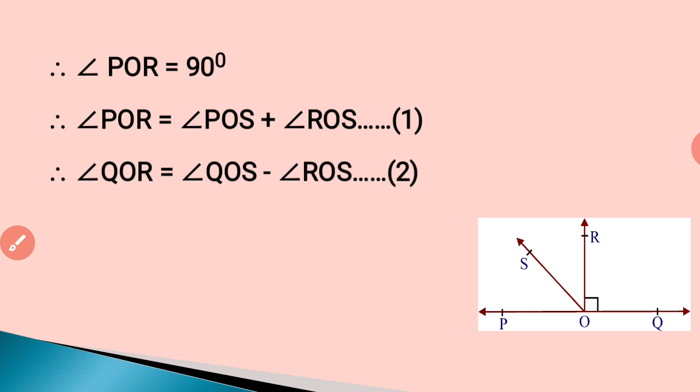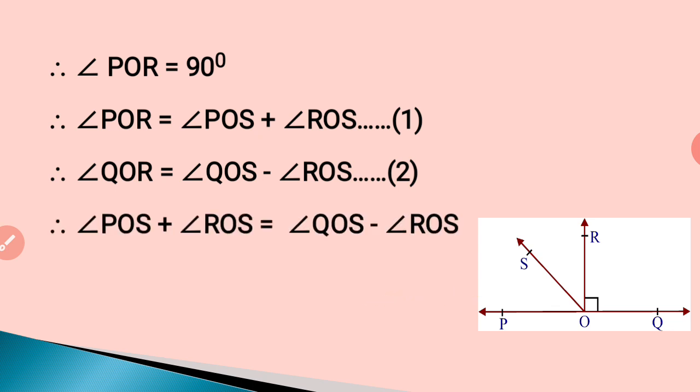Now if I look at statement number 1 and statement number 2, I come to know that the left hand sides are angle POR and QOR and both are equal, that is they are equal to 90 degrees. So now if left hand sides are equal, then the right hand sides also will be equal. So we conclude that angle POS plus ROS equal to angle QOS minus angle ROS.